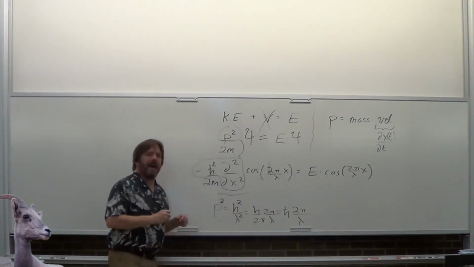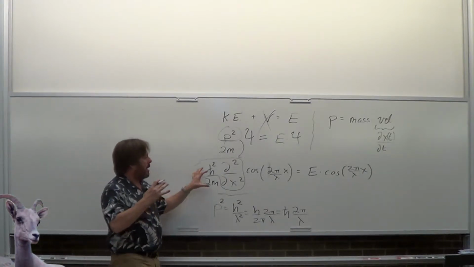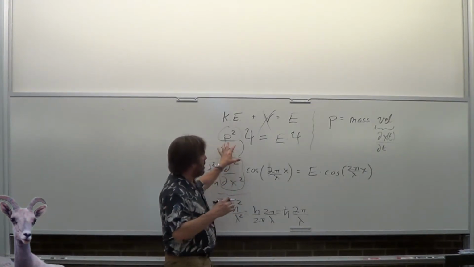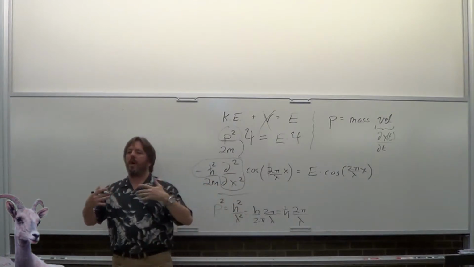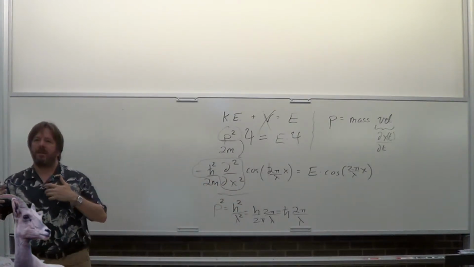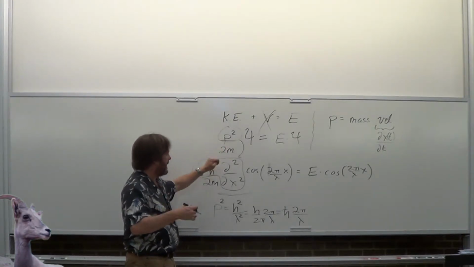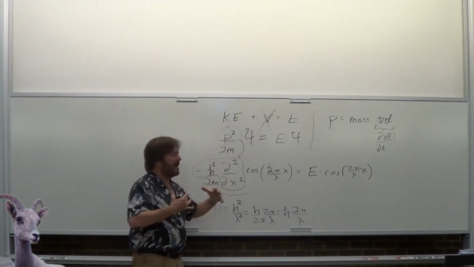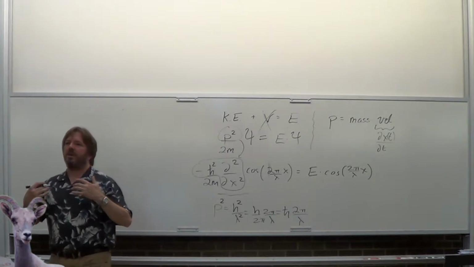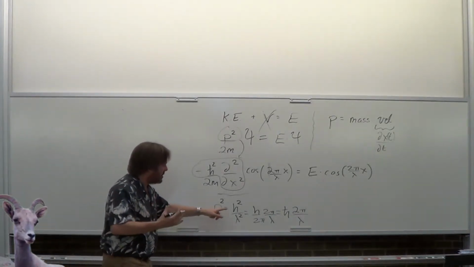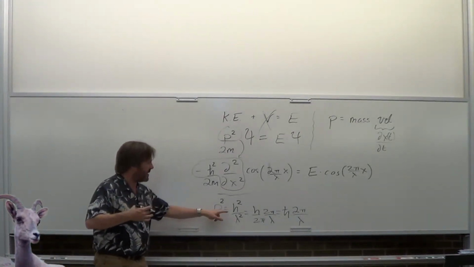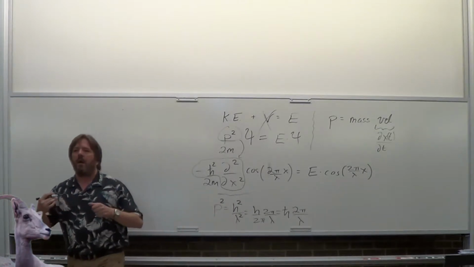So Schrodinger's idea here was, of course, p squared over 2m is kinetic energy. But to get it to be consistent with the de Broglie relationship, he's got to make p squared actually equal h squared over lambda squared.